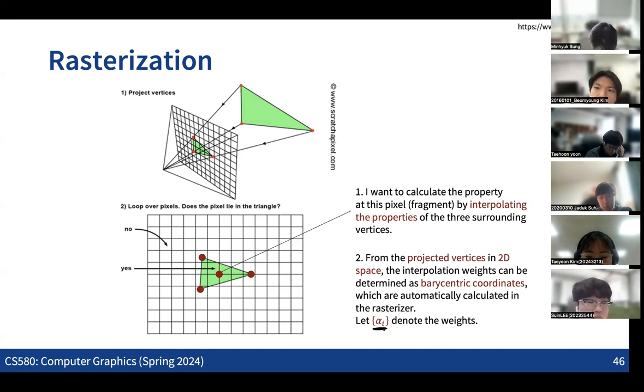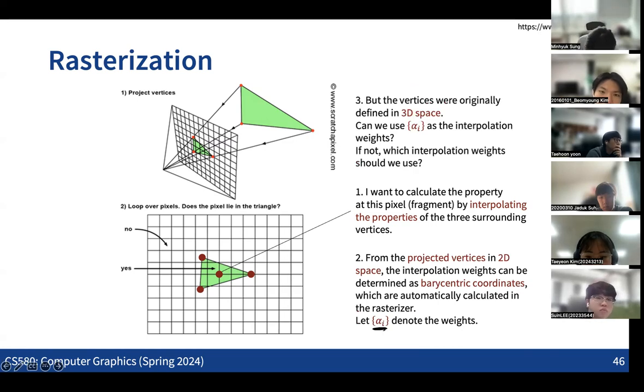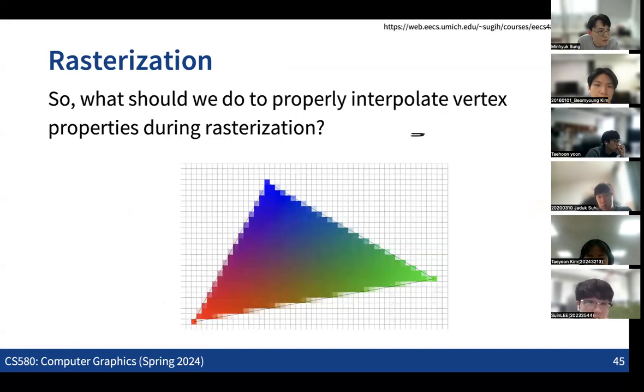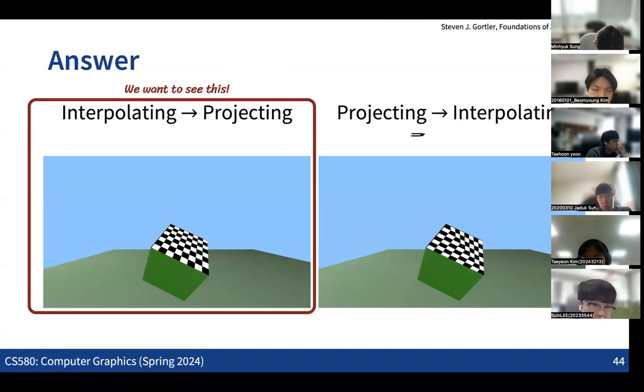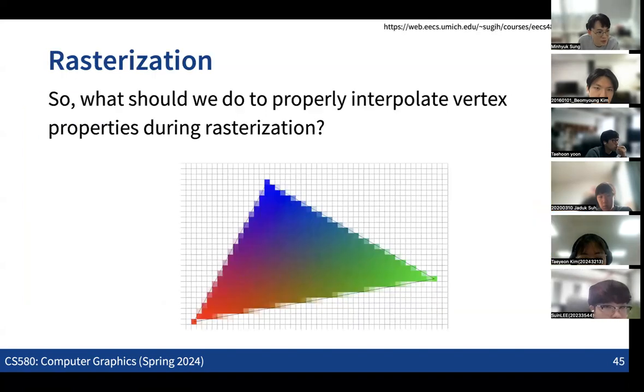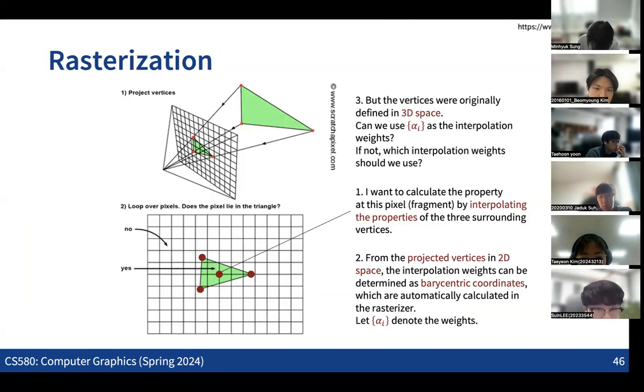That's good. But the problem is that if you interpolate the vertex properties using these weights, it gives us the wrong outputs. So actually, we should not use these weights. If we want to match the results of the interpolation with the output of this, to get these results on the left-hand side, instead of alpha here, what should be the new interpolation weights that we should use?